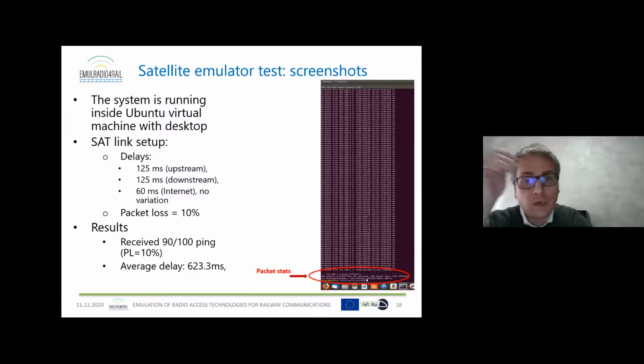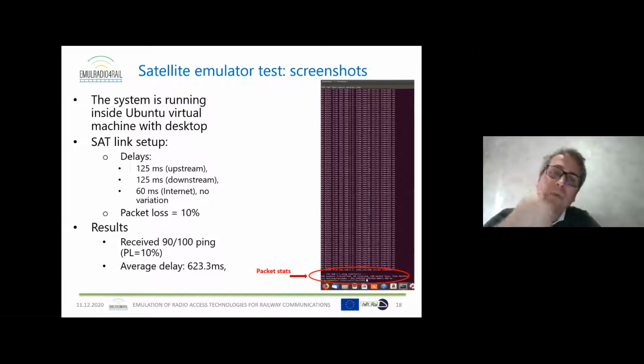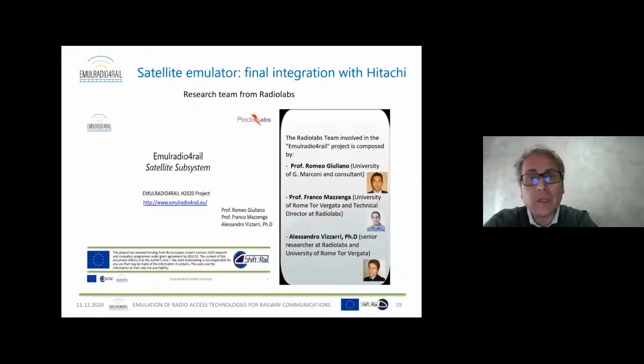So the results of the test are compliant with the test configuration we set at the beginning of the test.